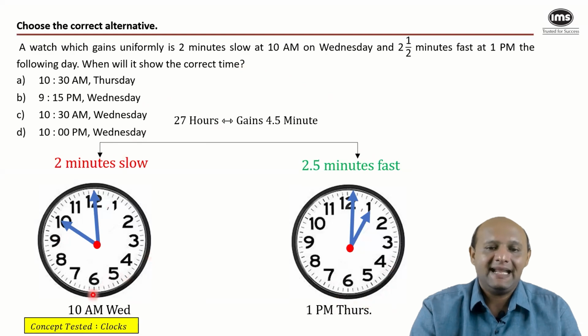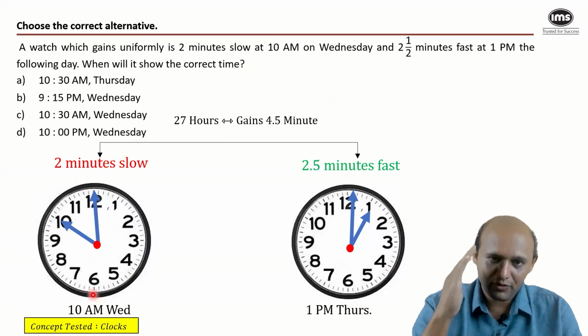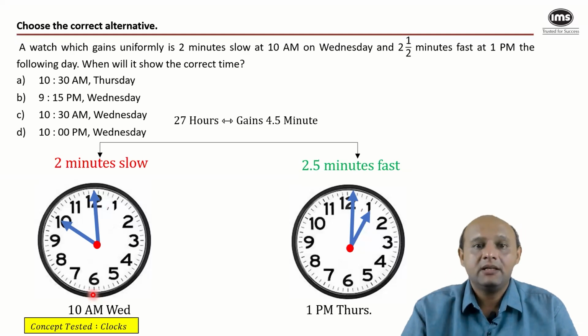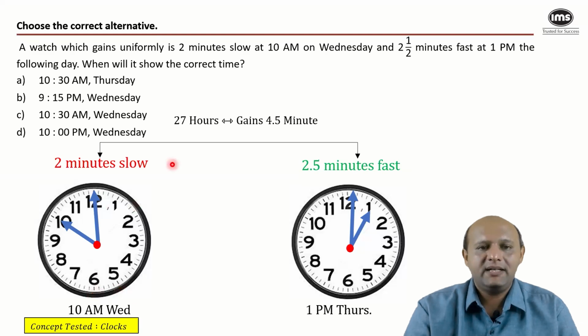If you notice, 10 to 10 would be 24, and from that 10 to 1 would be 3 hours more. So therefore, it would be 27 hours. Now, in a span of 27 hours, the clock is gaining how much time? 4.5 minutes. Right.